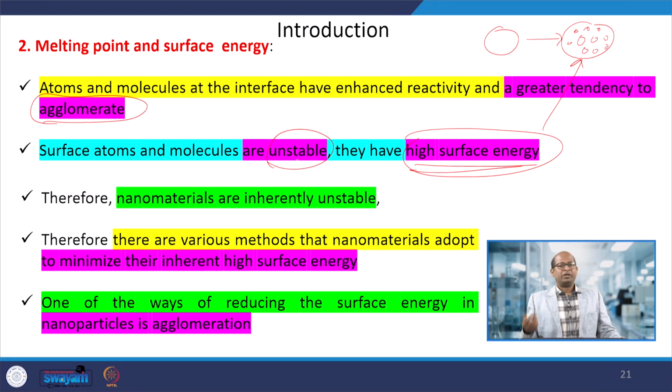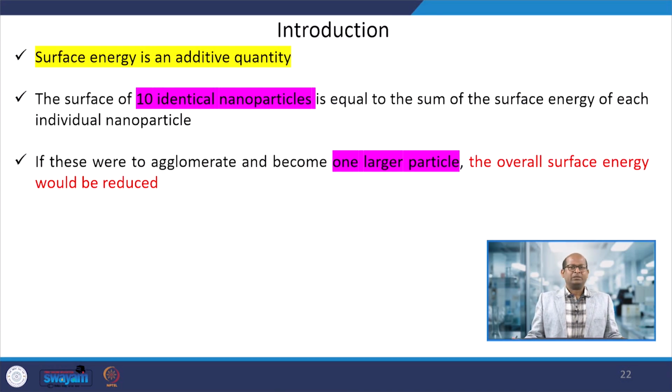So to get stability, the molecules will agglomerate. One possibility is agglomeration: if we agglomerate the material, we can minimize the surface energy, and the nanomaterial will get stability. That is the way we can lower the surface energy, by agglomeration.